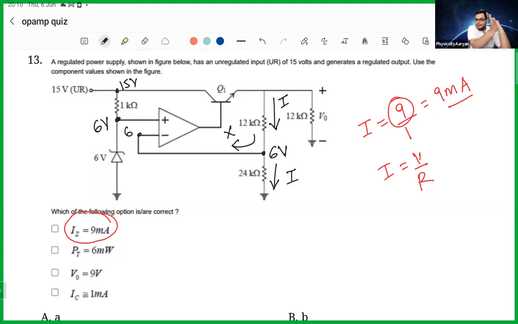Otherwise, some current will enter the op-amp, and that is not possible. No current can come out of here, and no current can enter here. And I know how much current is there in 24 kilo ohm. Can you tell me how much current is there in 24 kilo ohm?